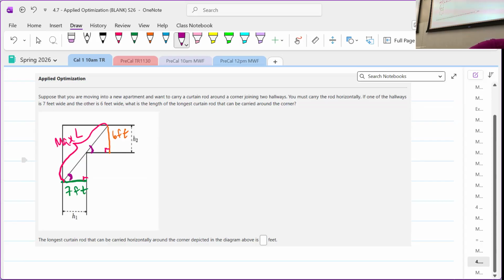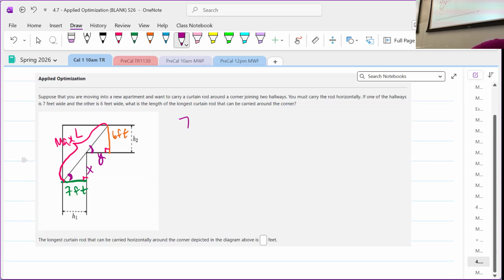So these other two distances, the vertical and horizontal distances, I'm going to give those labels. I'll call this one X and this one Y. So I can set up a proportion between these two triangles.